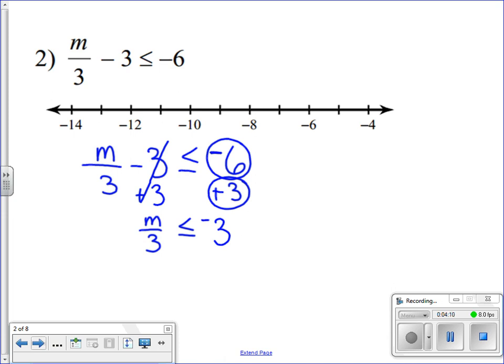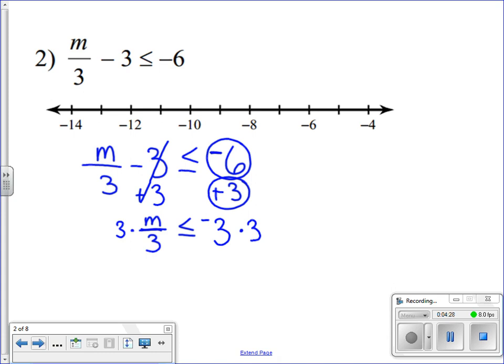All right, now we're going to get rid of the 3 that's underneath the m. This is m divided by 3. So we're going to now do the inverse, which is to multiply by 3. I'm going to do that on both sides. Again, multiplying or dividing by a negative number changes my sign.